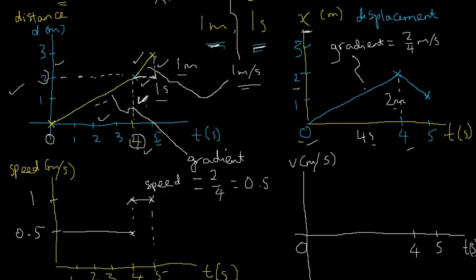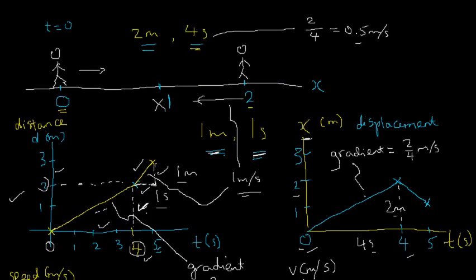So 0.5 is here. But we have a velocity. So how do we represent the velocity? If we look back at the picture, when I took this as the x-axis, I have unconsciously assumed that it is positive to the right side and negative to the left.